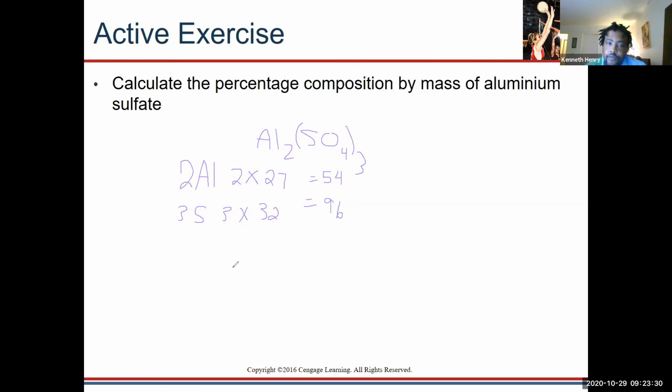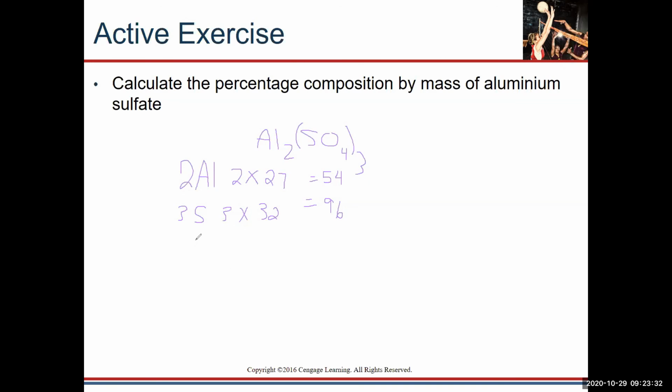Then we have oxygen. We have 12 of those, and that weighs 16. So 16 times 12 is 192. Once we add all these up, we get 342.